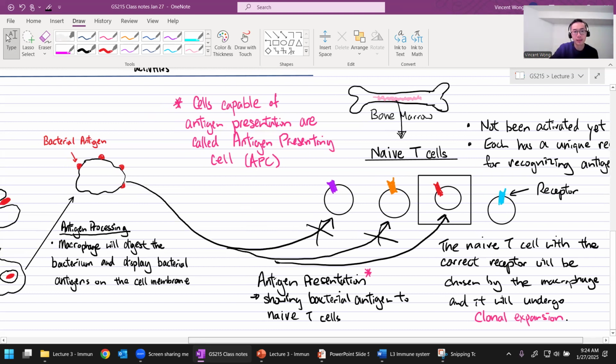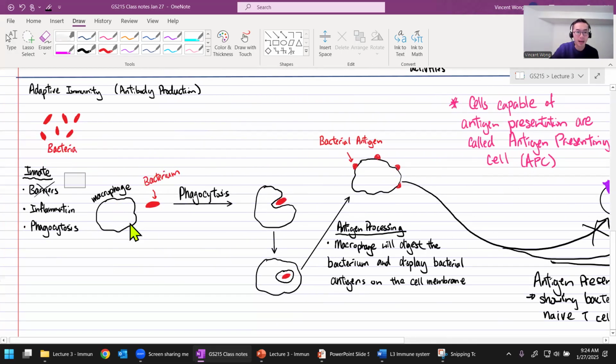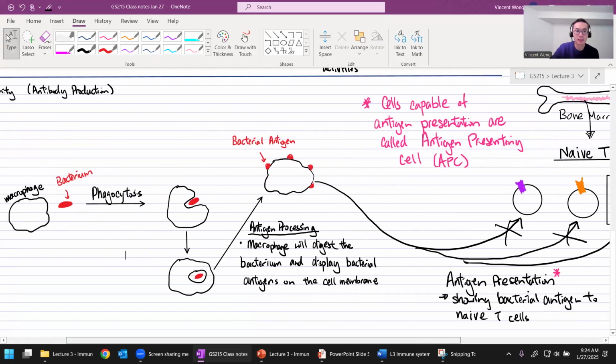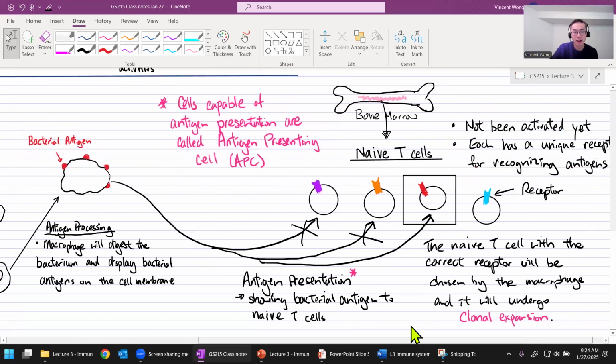So people might get a little bit confused with all these new names. Previously, we were saying, oh, macrophage is able to do phagocytosis, so we will say it is a phagocyte. But now all of a sudden, we are also calling it an APC. Remember, it's okay to have multiple descriptions for these cells, depending on the context. So the macrophage is a granulocyte, and at the same time, it is a phagocyte, and it can also be an APC, an antigen presenting cell, right?